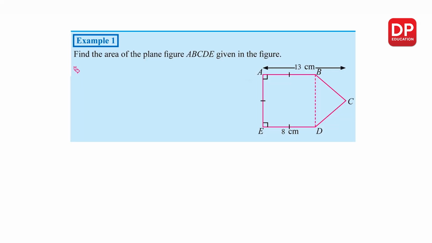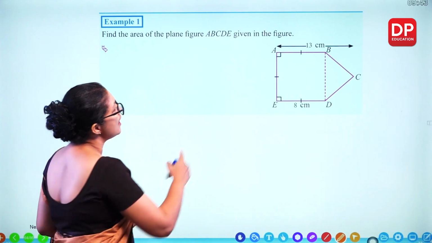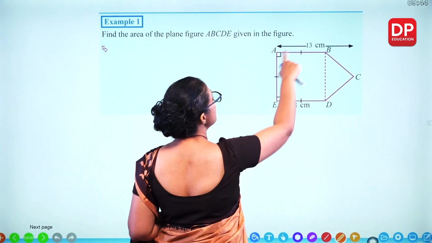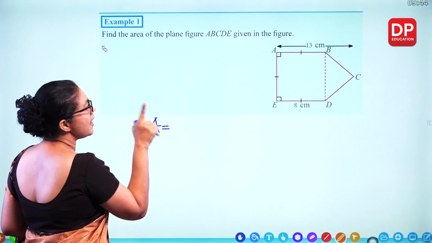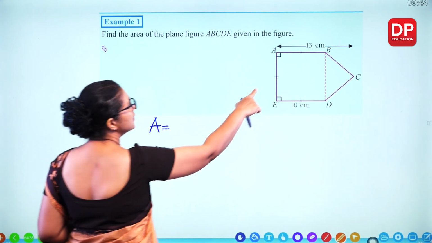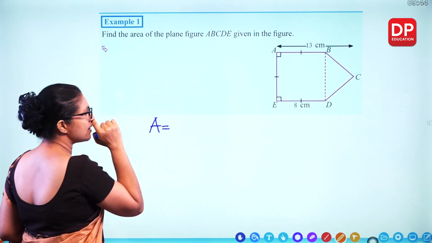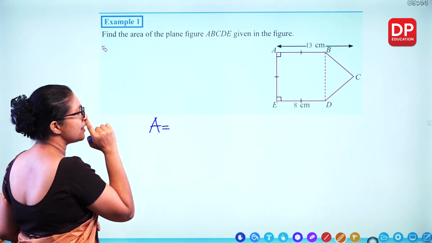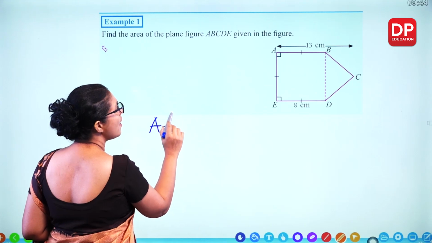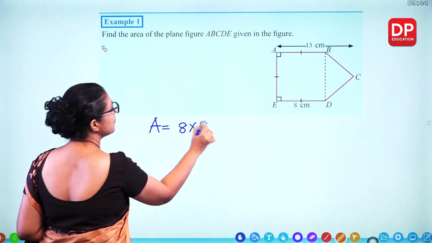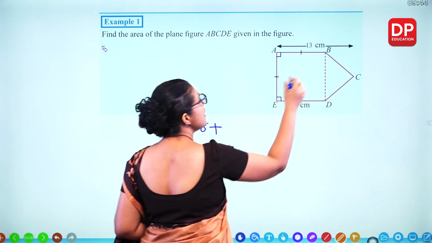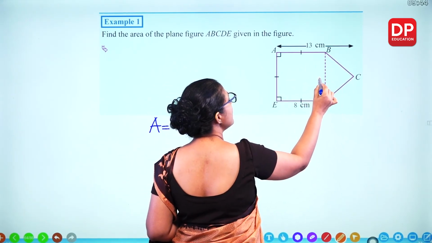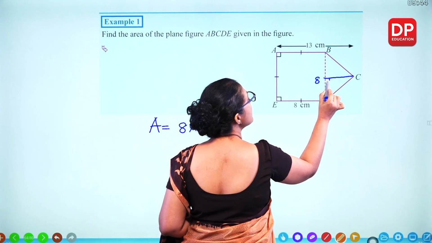Example number 1. Find the area of the plane figure ABCDE given in the figure. ABCDE. This one. So what's the area? Area of the square, this one, plus area of the triangle. So how can we find out the area of the square? 8 times 8. Plus, what's the area of this triangle? If you take the base as this one, this is the perpendicular height.